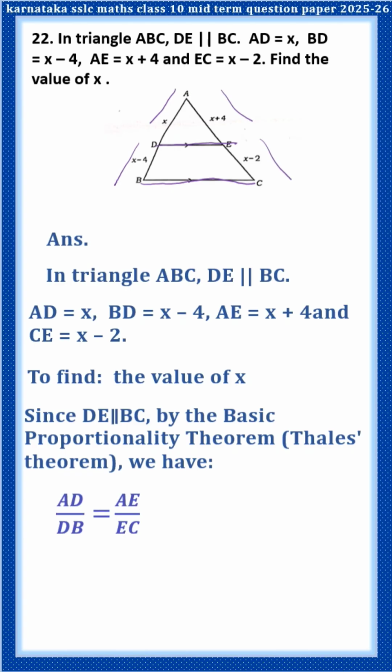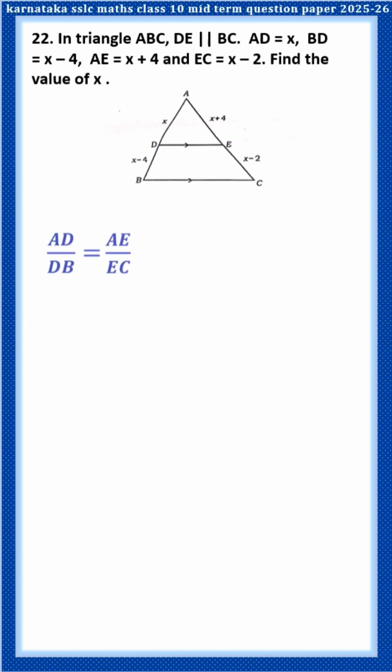So now let us substitute the values. AD is X, DB is X minus 4, AE is X plus 4, EC is X minus 2.